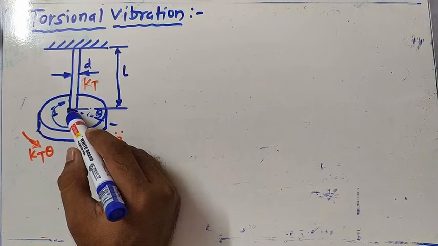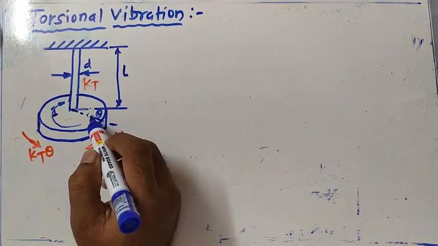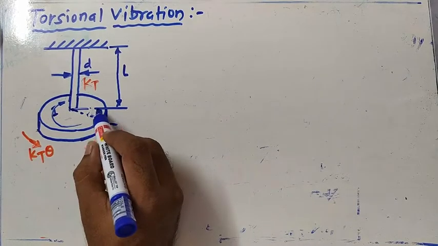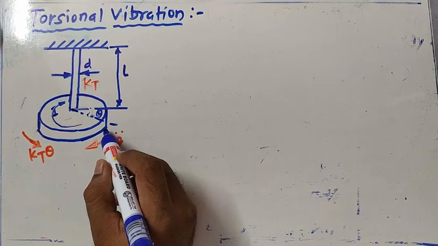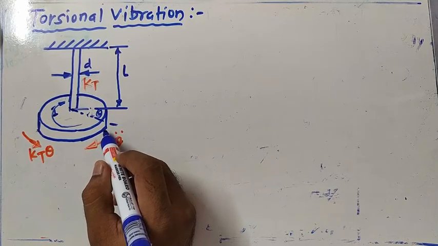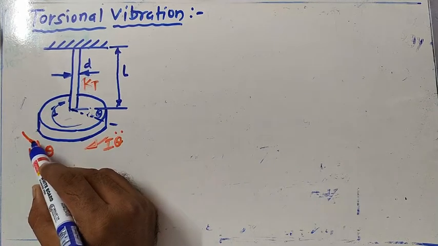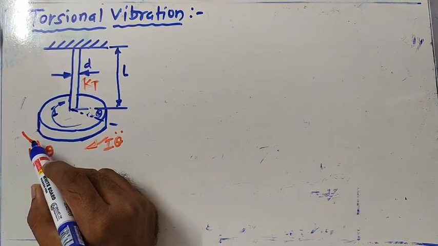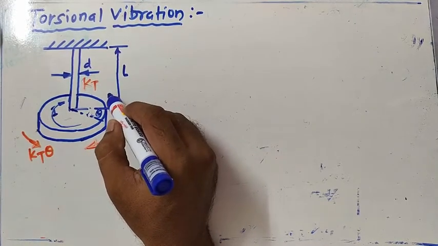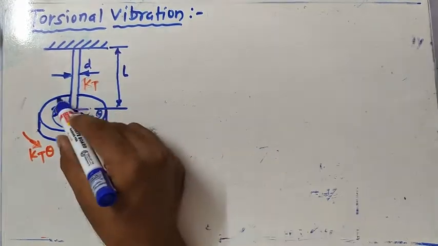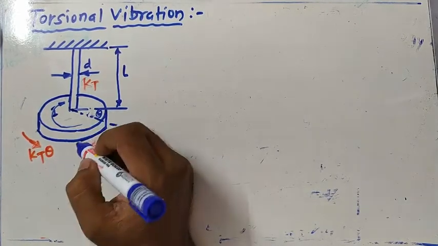For the angular displacement theta, this indicates the inertia force, and this is the restoring couple that acts in the anti-clockwise direction. The restoring couple restores the position of this disc towards its mean position.